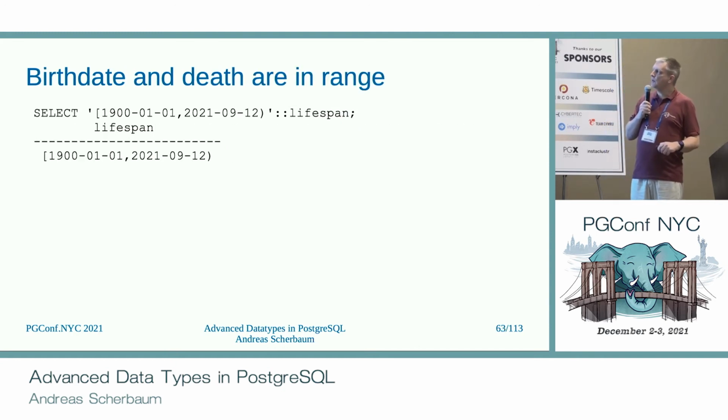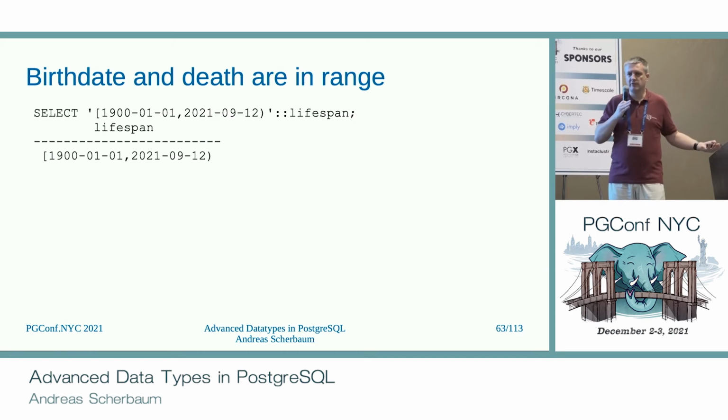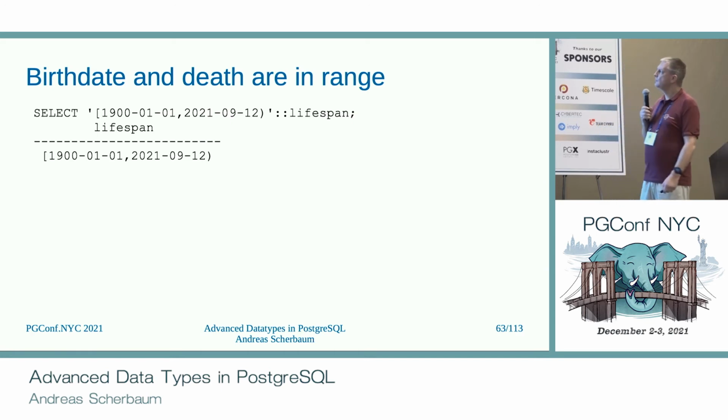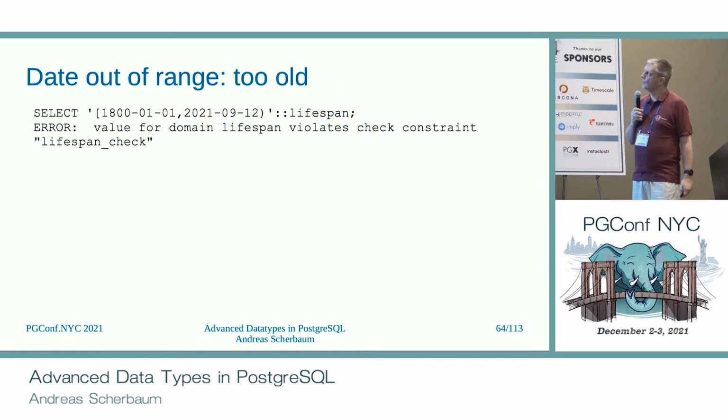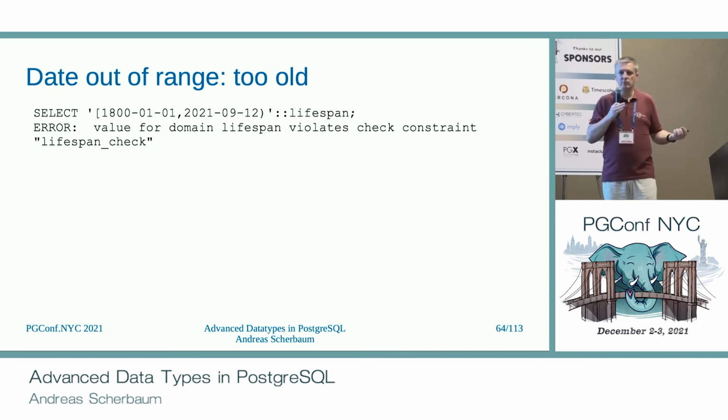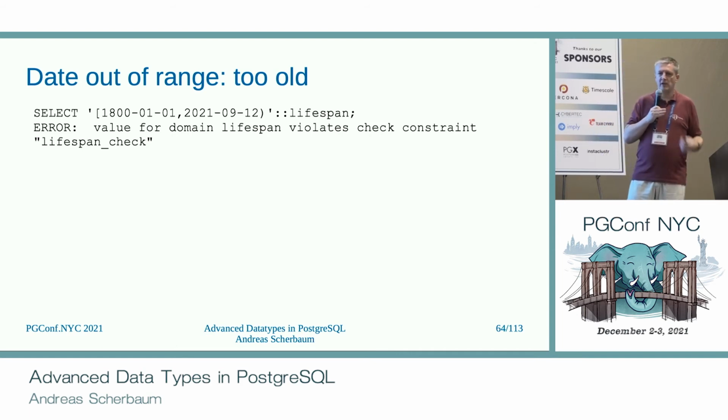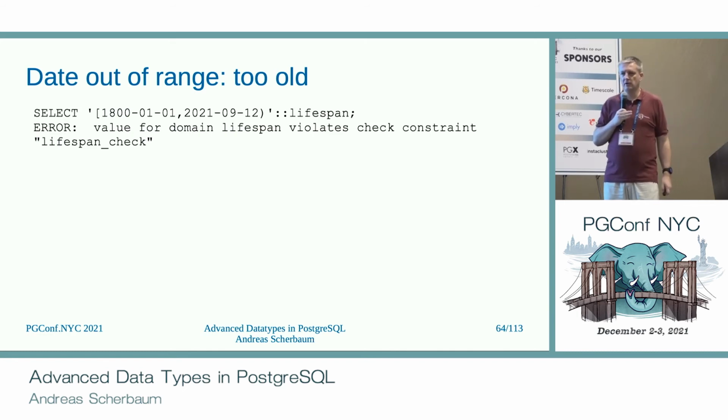If I use it the other way around, 1900 to 2021, I'm still inside of my 150 years, and it's working. If I extend this to 221 years, you see it's failing because it's more than 150 years. So whatever you set as a birth date, the other date has to be within 150 years.